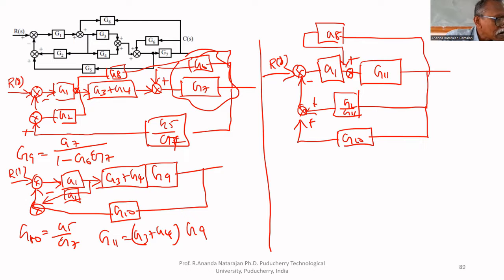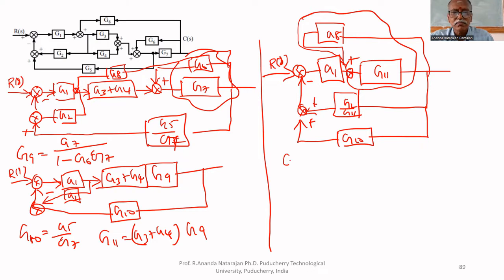Now we can find G13. G13 equal to G11 upon 1 minus G11 G8.